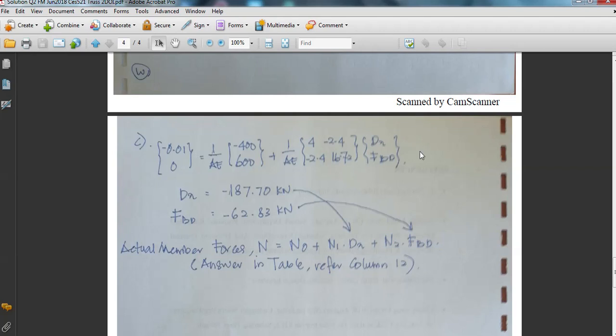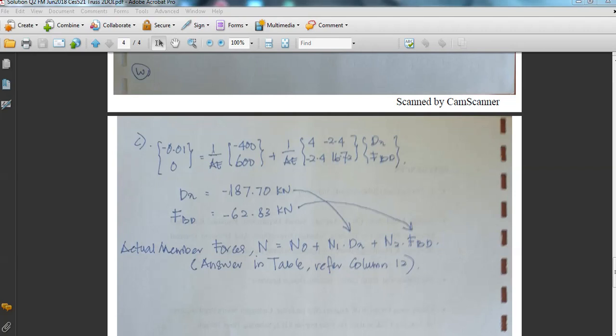So you must apply your compatibility equation. Now you must consider this value, because now we have a support movement at D in X. That's why they have a value here, because this represents the equation number 1. This is equation for movement at D in X. Okay, at D in X. So that's why, because they have a support movement 10 mm, that's why 0.01. Why negative value?